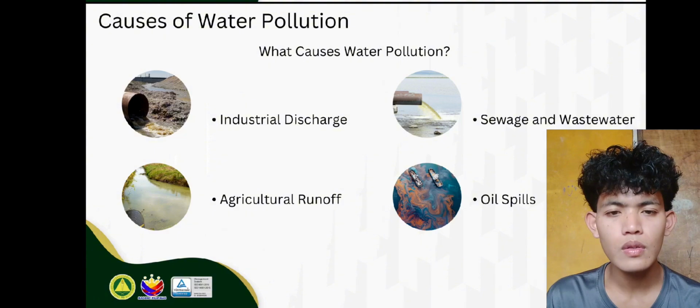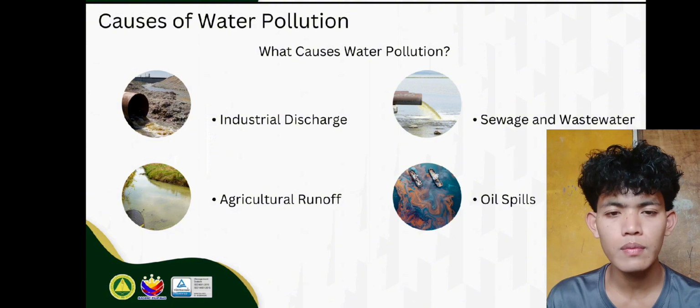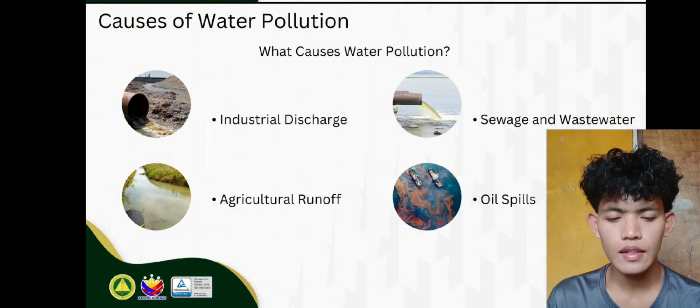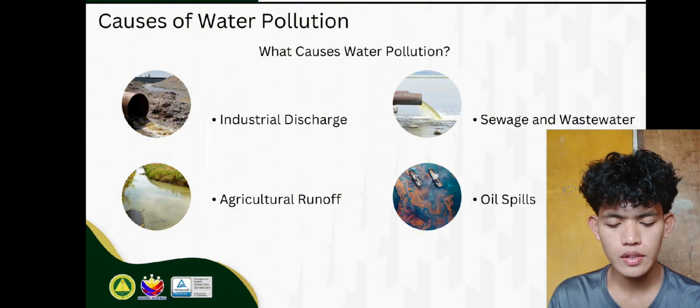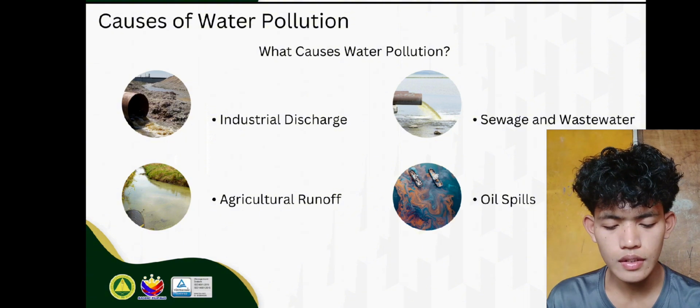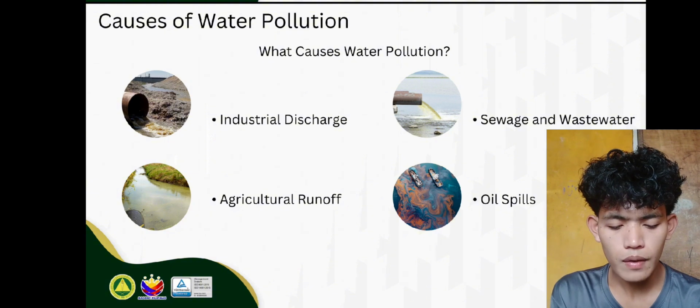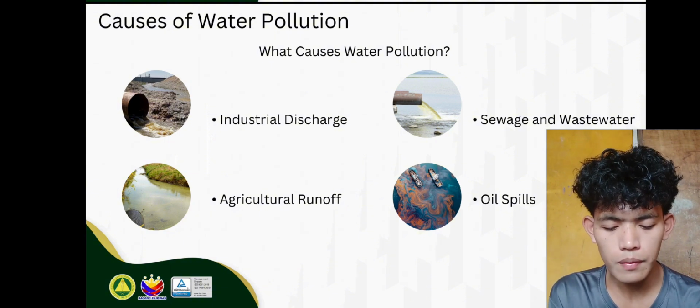Causes of water pollution. This is the causes of water pollution: industrial discharge, agricultural runoff, sewage and wastewater, and oil spills. What is industrial discharge? Industrial discharge is wastewater from factories containing heavy metals, chemicals, and other pollutants.